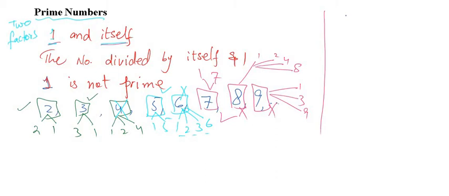Let's see, if I have a big number and I need to know whether it's a prime number or not. So check, is 263 a prime number? Let's see. So go for the procedure.